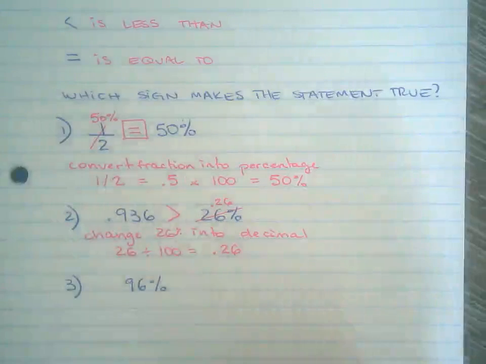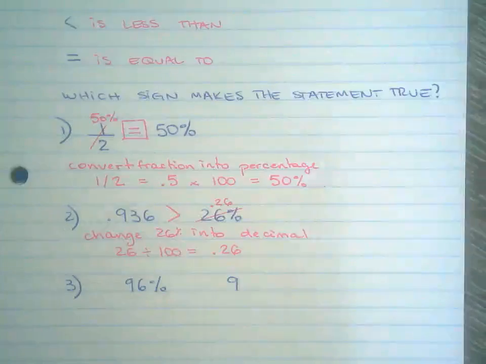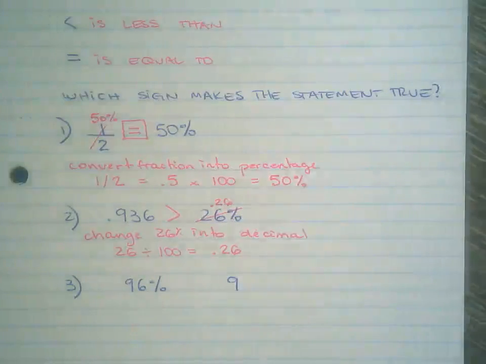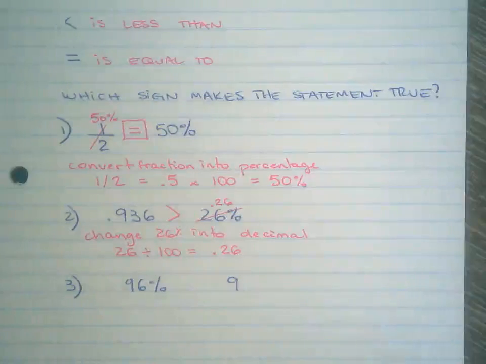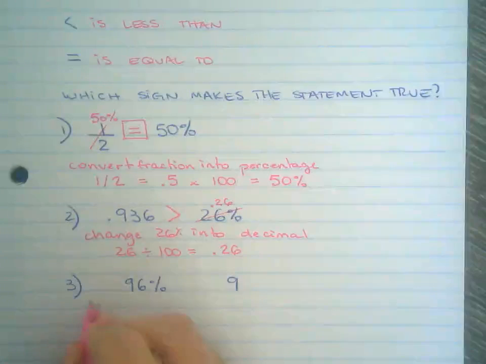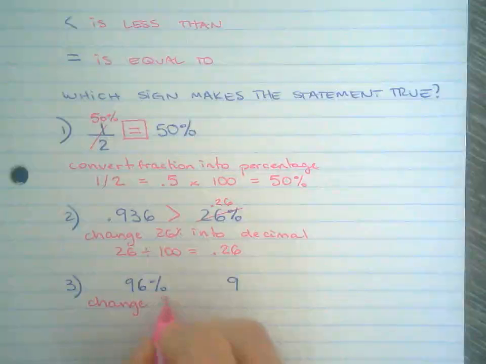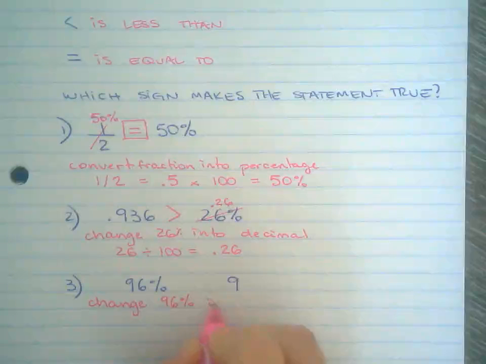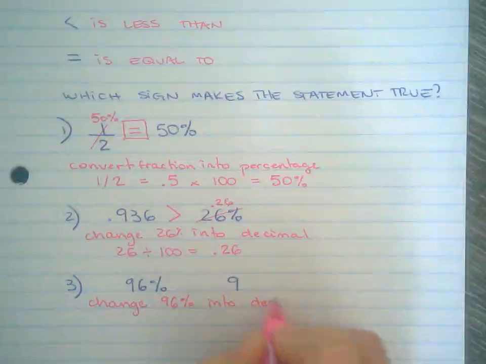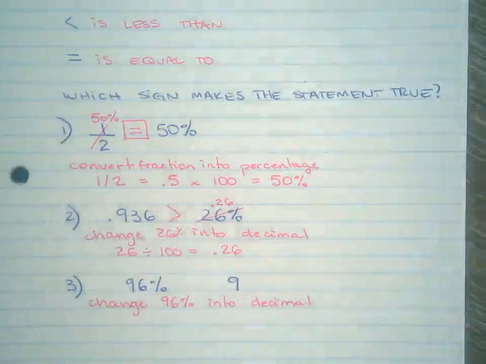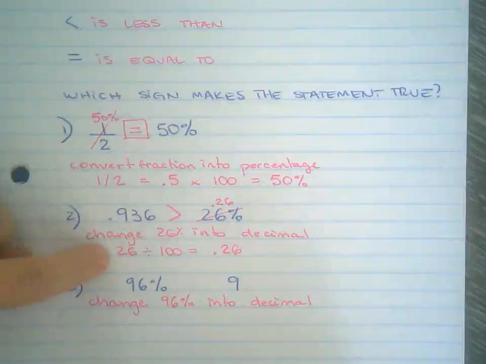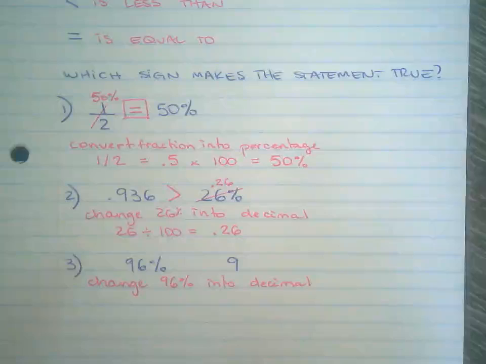96% compared to 9. Ooh. So I'm going to change that into decimal. Change what into decimal, you ask? I'm going to change 96% into decimal. And from yesterday and from example 2, we know we just need to divide that by 100.